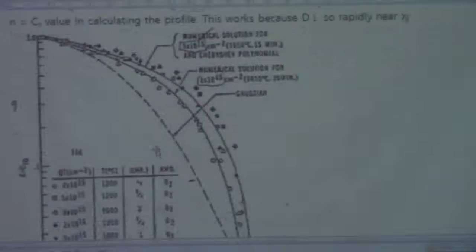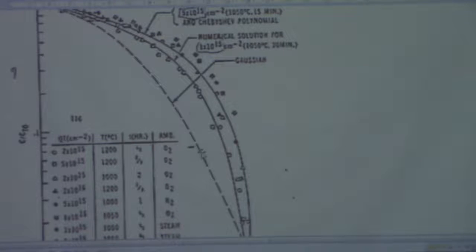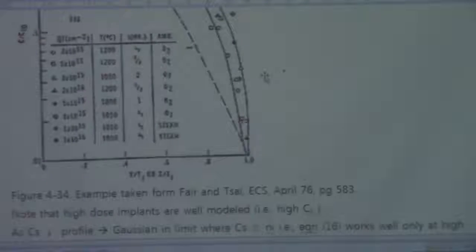And here the lines correspond to the theoretical calculations, and the points are the experimental results. You can see it's pretty much matching, right? So the equation is not that bad.